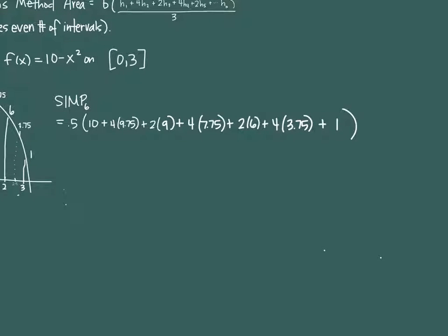And then that whole thing divided by 3. So instead of computing every one individually, you just do it all at once.